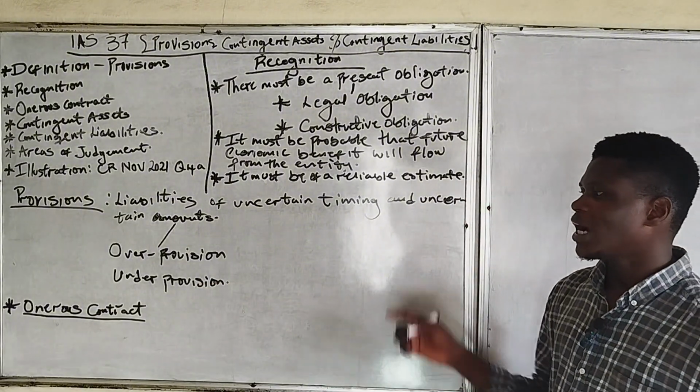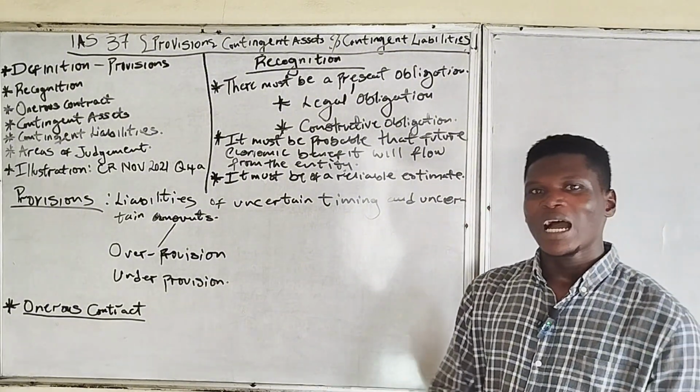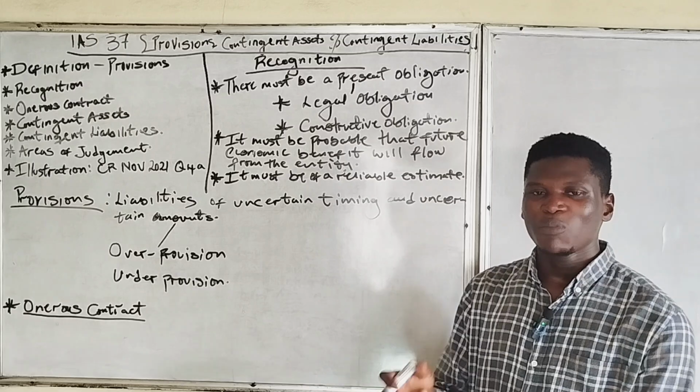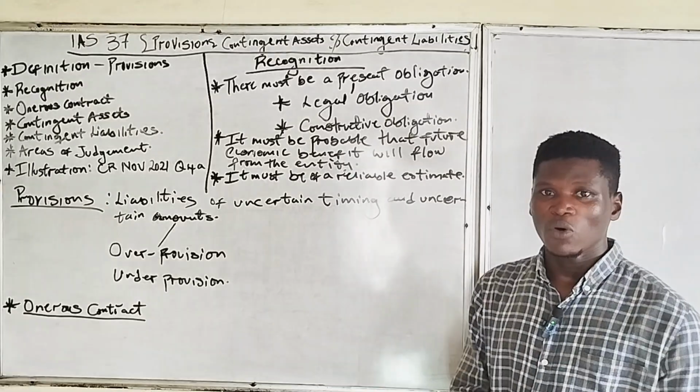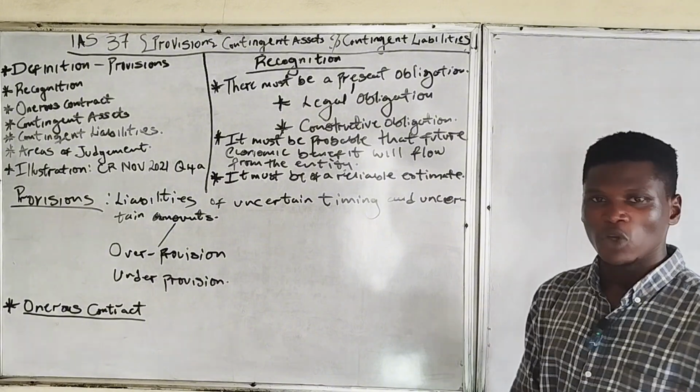So onerous contracts are contracts with a high probability of resulting into a loss at the completion of the project or at the completion of the contract.